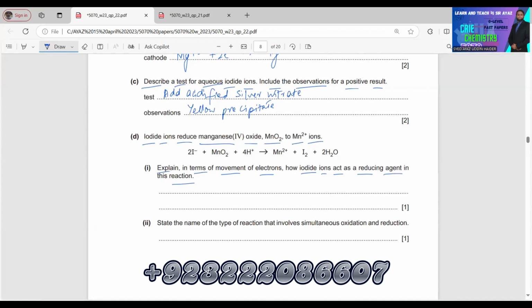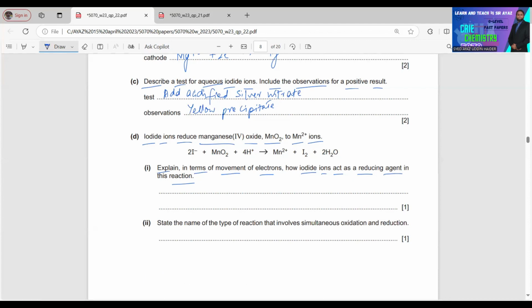Definitely iodide ions must be losing electrons to Mn. So you write: iodide ions lose or give electrons to Mn in MnO2.